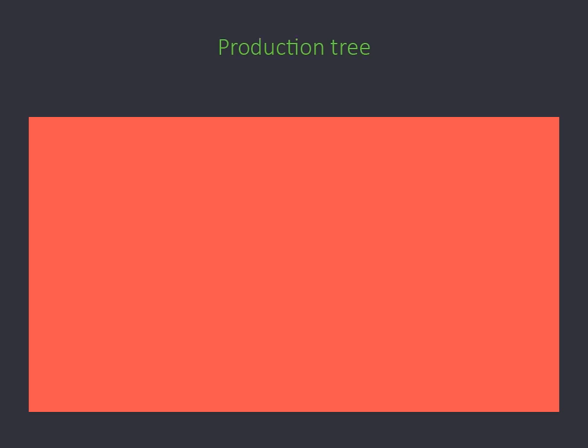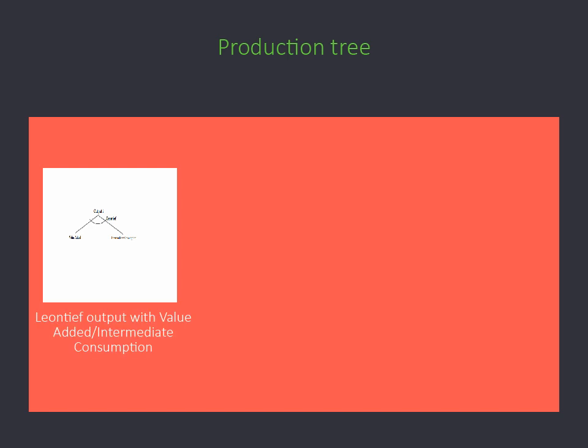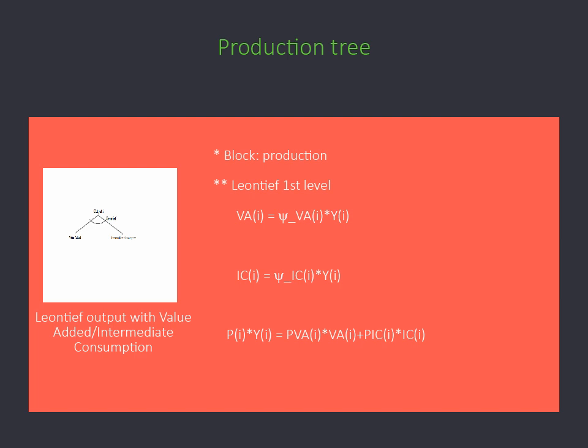So how do we translate all these assumptions into equations? Let's start with the summit of the production tree, which is a Leontief relation between output and either value added or intermediate consumption. So this is the production block, and we are going to model the first level of the production tree, which is a Leontief.